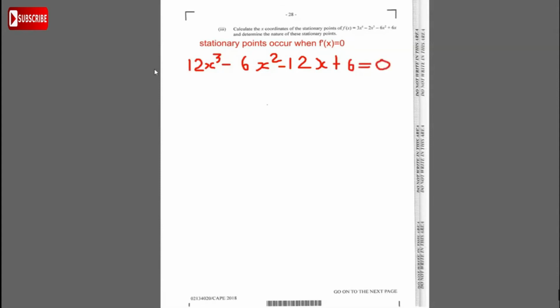So what we do is divide through by 6. And dividing through by 6, we're getting 2x cubed, minus, divide through by 6, we're getting x squared. Dividing through by 2, we get minus 2x.